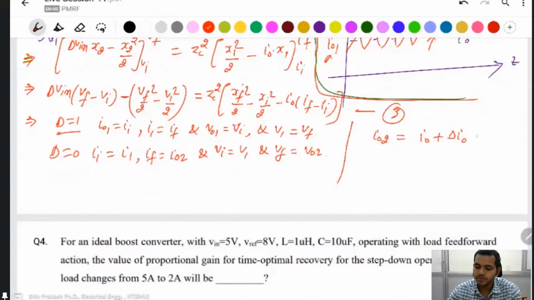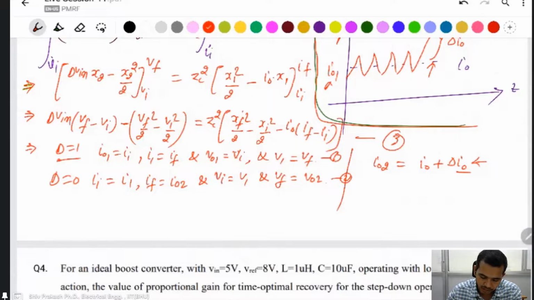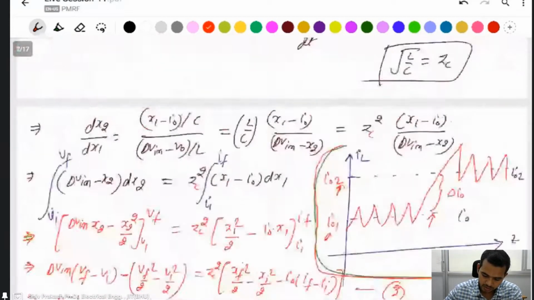That is the final value. What is the change in delta I not? We put the values here, I1, V1, everything. We will take two equations, this one for the first, this one for the second, and find x1, I1 and V1 values from these equations.